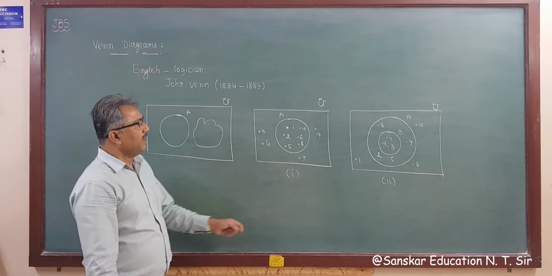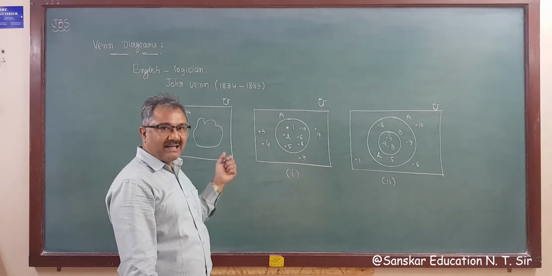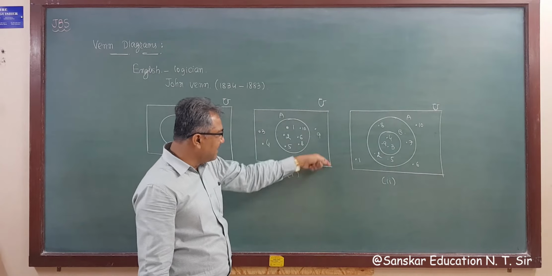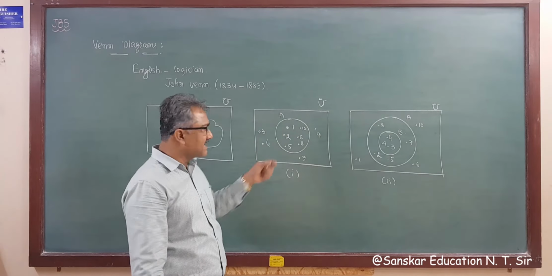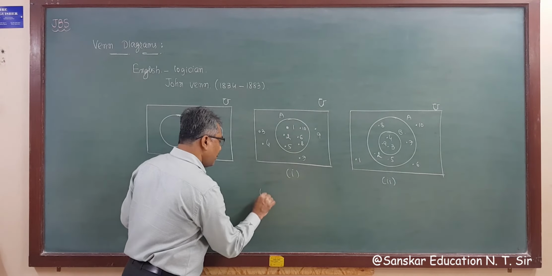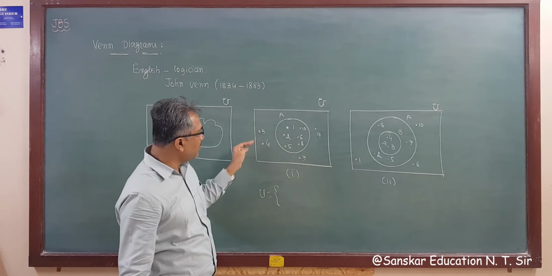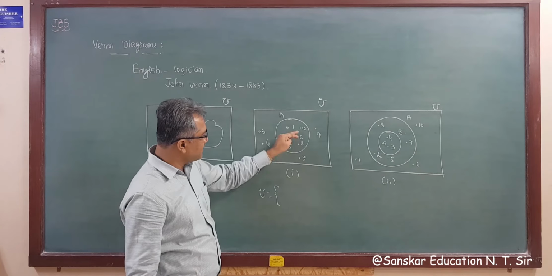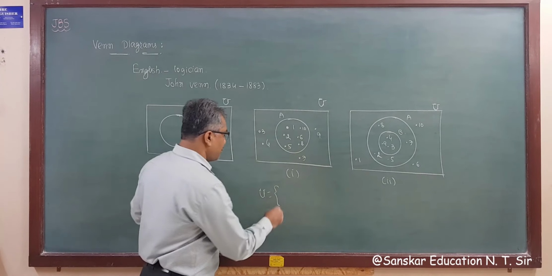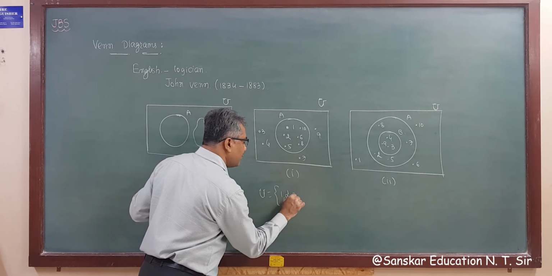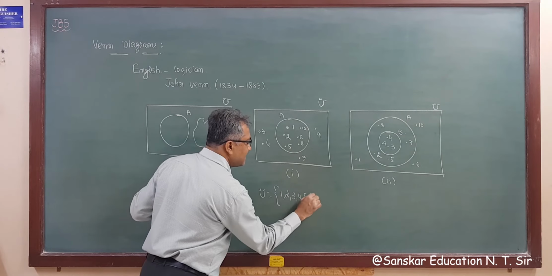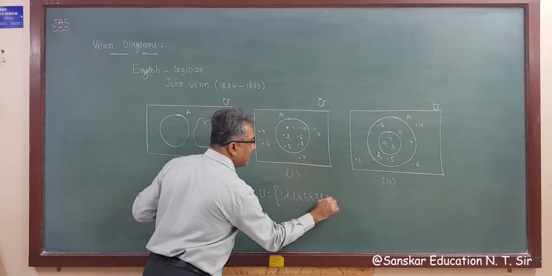Now, universal set means all elements included in this rectangle. So for the first figure, the universal set U is equal to 1, 2, 3, 4, 5, 6, 7, 8, 9 and 10.